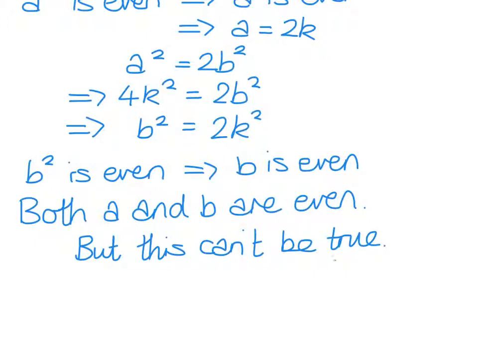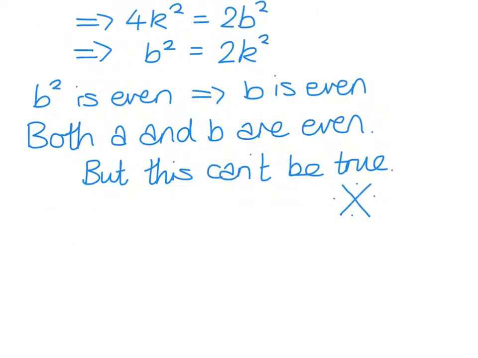I'm going to put this sign, meaning this is my contradiction. So we've reached this point, we've got a contradiction, and this means our assumption cannot be true. So our assumption that root 2 is a rational number is incorrect, so we have proved that root 2 is an irrational number.